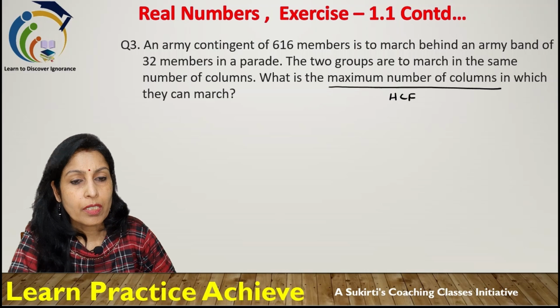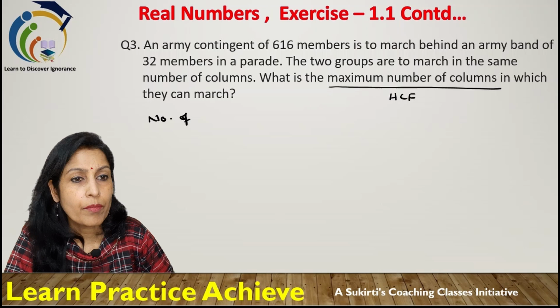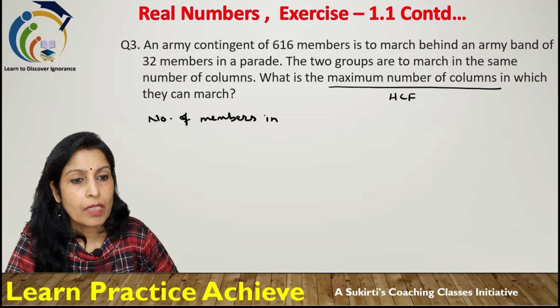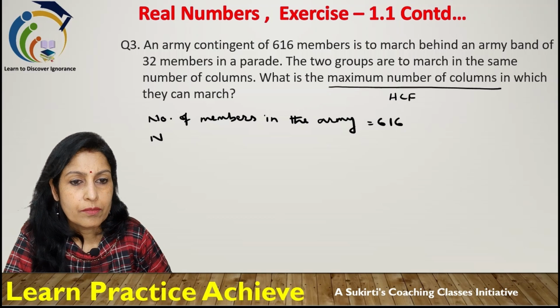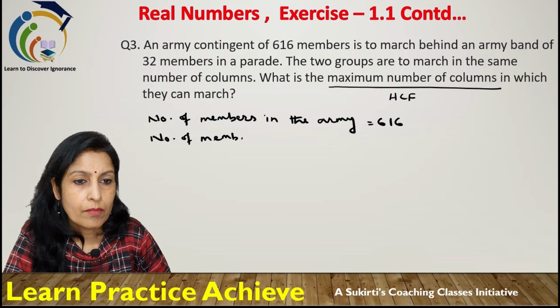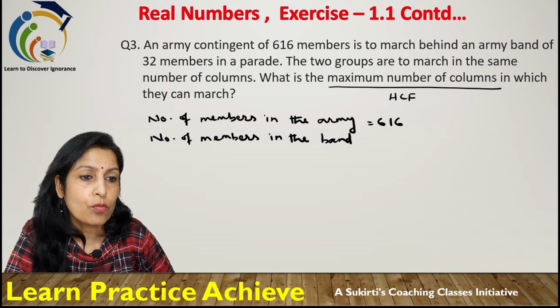So first write down the number of members in the army, that is 616. Then the number of members in the band, that is equal to 32.